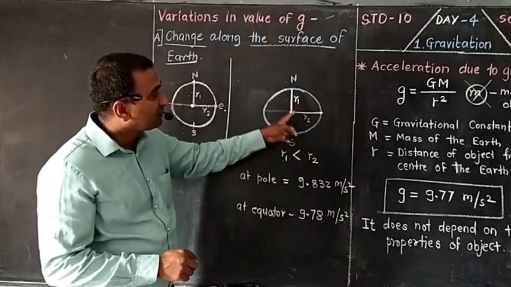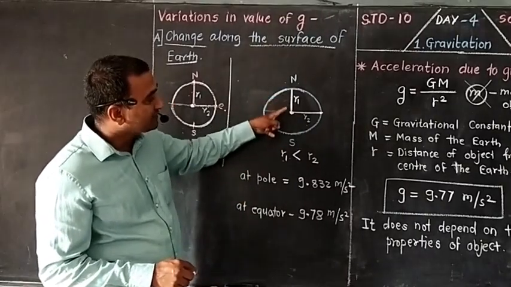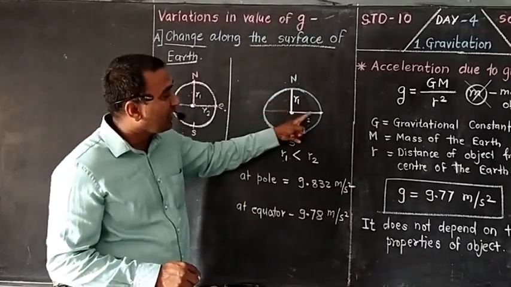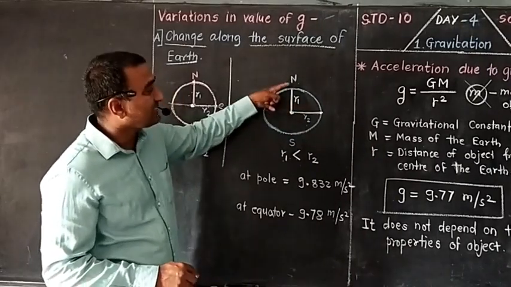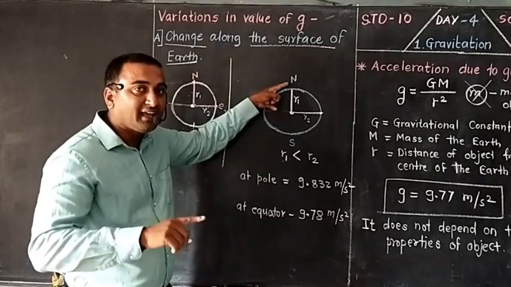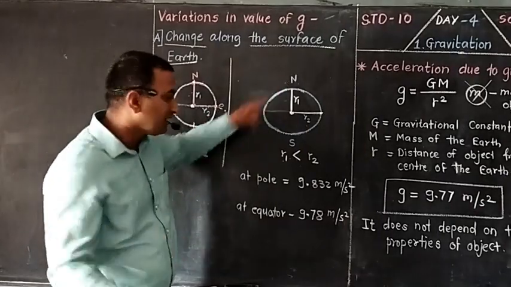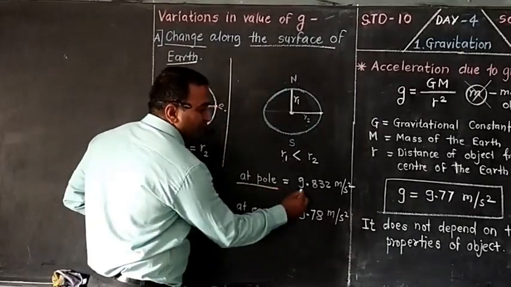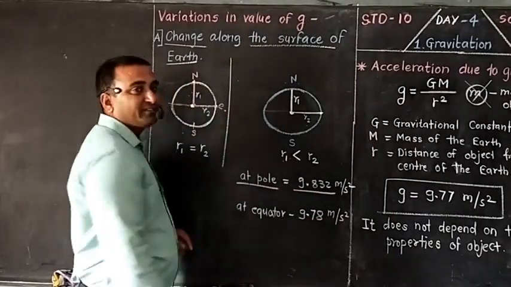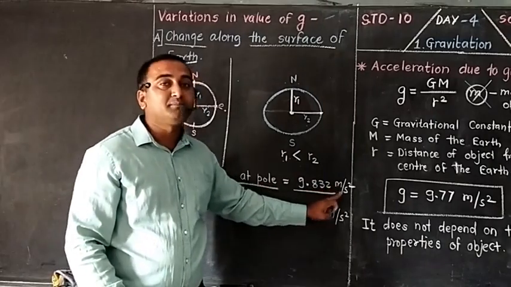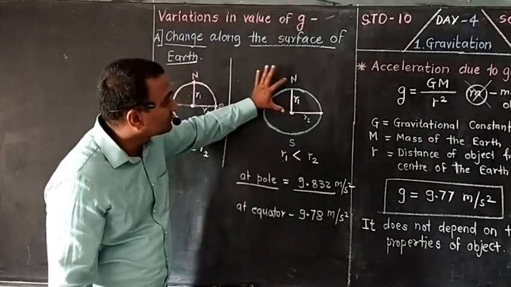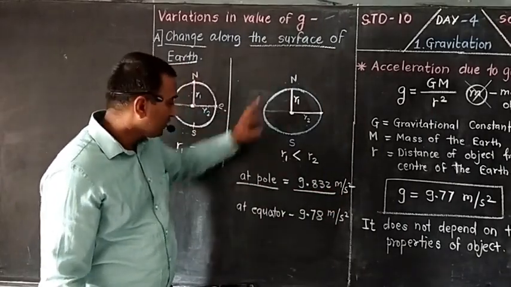So where is the radius more? Radius is more at equator, less at pole. So less at pole, definitely acceleration is more, and so at pole we have acceleration due to gravity of 9.832 meter per second square because the distance is less. What about at equator?